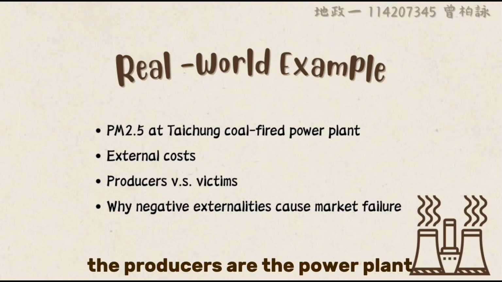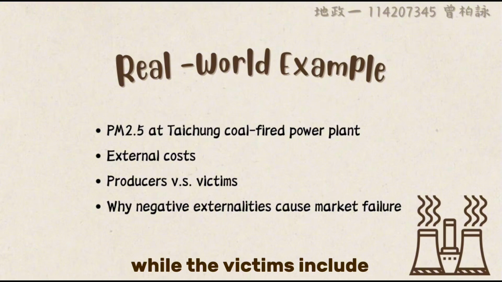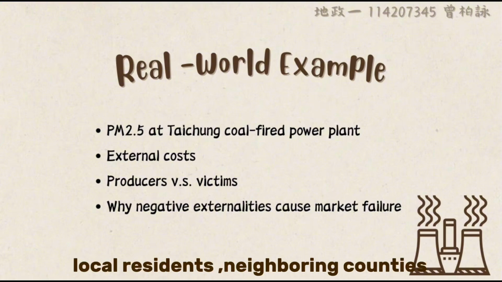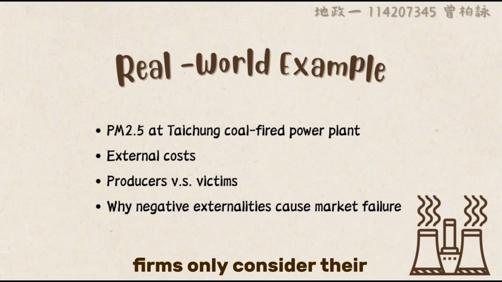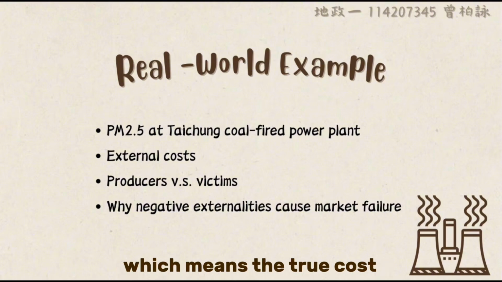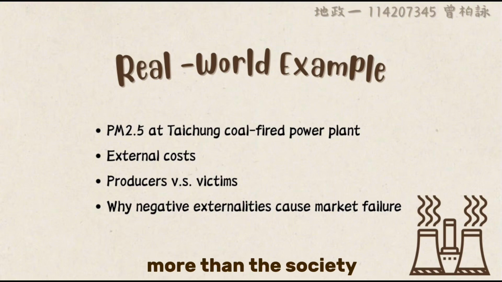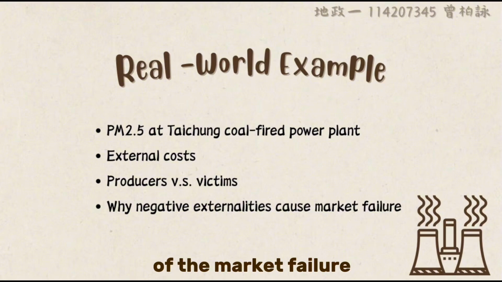In this case, the producers are the power plant and industrial users of electricity, while the victims include local residents, neighboring counties, and the public healthcare systems. Firms only consider their private marginal costs. They ignore the external cost, which means the true cost to society is higher. As a result, the market produces more than the socially efficient quantity. This overproduction is the root of the market failure.